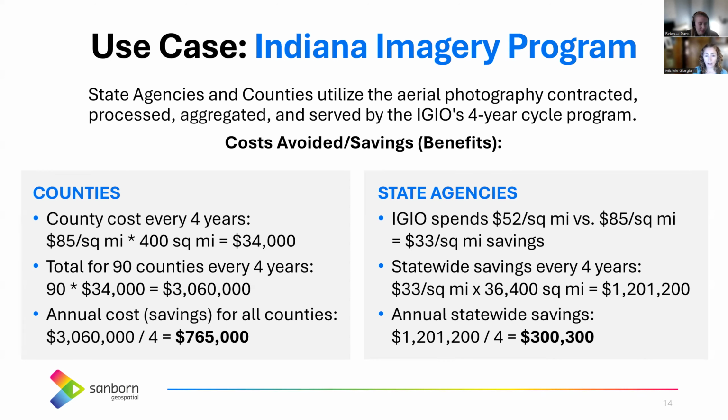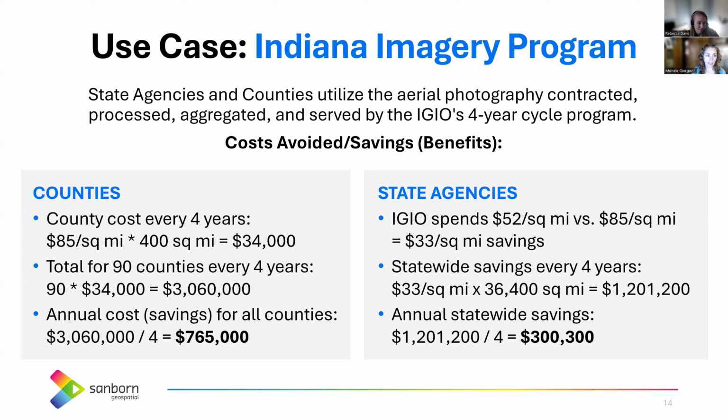So for a county, every 4 years, $34,000 at $85 per square mile. If we expand that statewide, there are 90 counties in Indiana. So for all 90 counties every 4 years, we'd multiply that 34,000 times 90 to get 3,060,000.